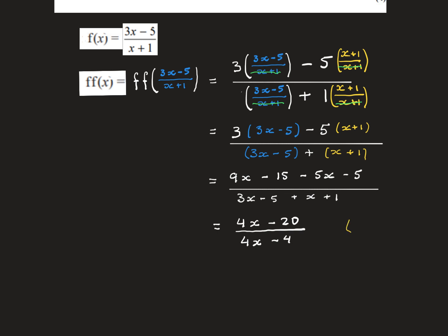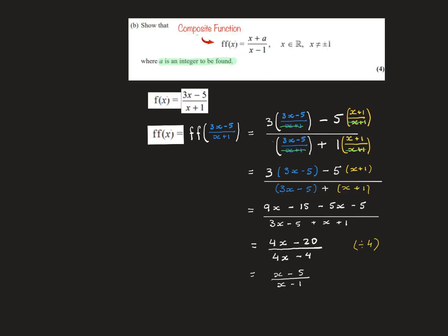And if I divide everything by 4, that'll give me x minus 5 over x minus 1, which means that a must be equal to minus 5, because they did ask you to find what a is, so you'll get a point for that.